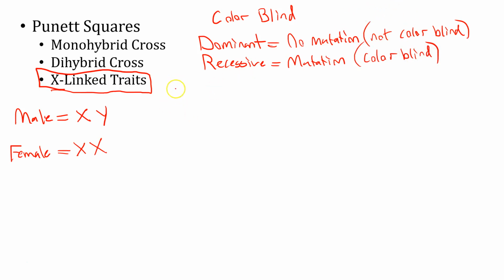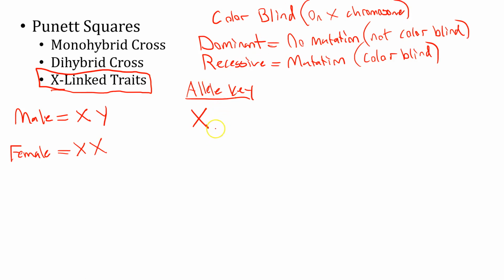Okay, well, then if we put our allele key together, it looks something like this. I forgot to mention that because this is an X-linked trait, this is a mutation that's only on the X chromosome. The information that codes for all of this is on the X chromosome of the sex chromosomes.